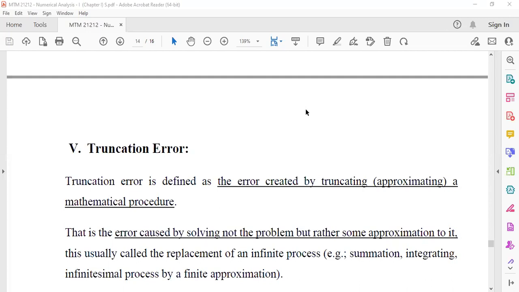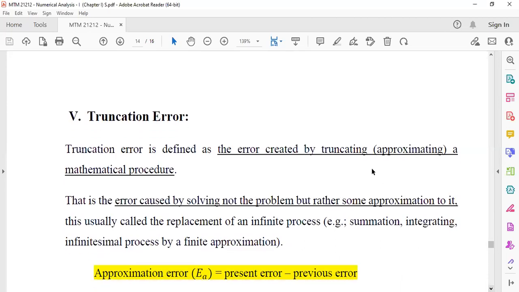Approximate, cutting and shortening. Error comes by, okay, good. Okay, that's enough. Anyway, truncation error is defined as the error created by truncating, approximating. Truncating means approximation in a mathematical procedure.